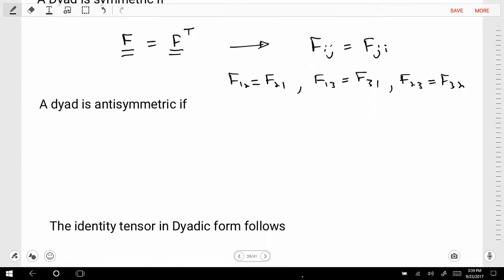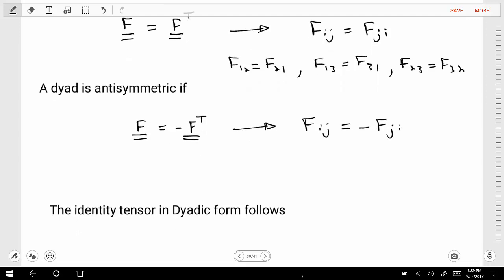We can also find that a dyad is antisymmetric if the tensor F is equal to the negative of the transpose of itself. So in essence, F_ij is equal to negative F_ji, the components.